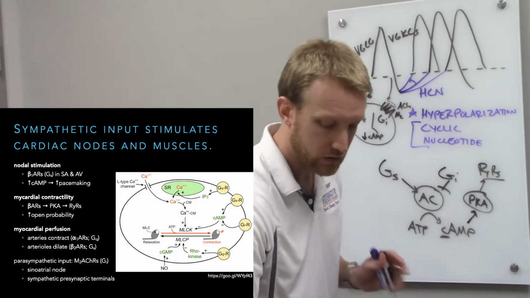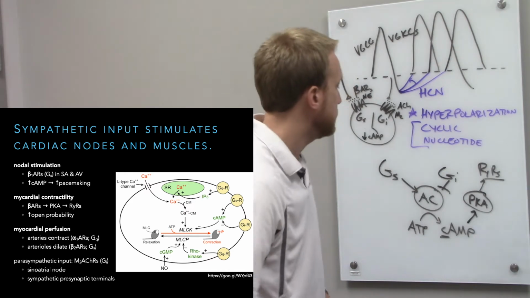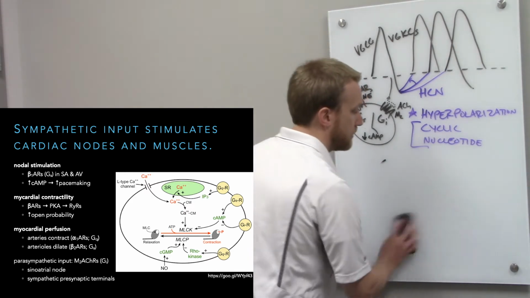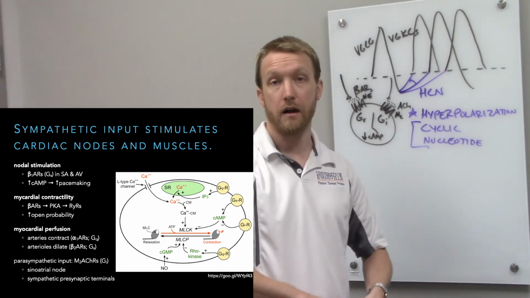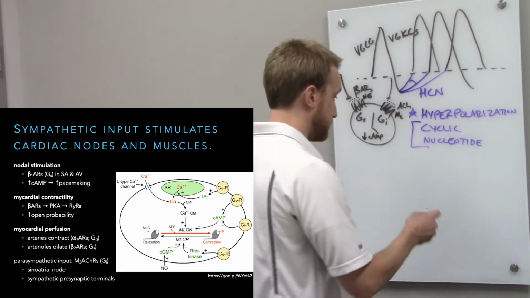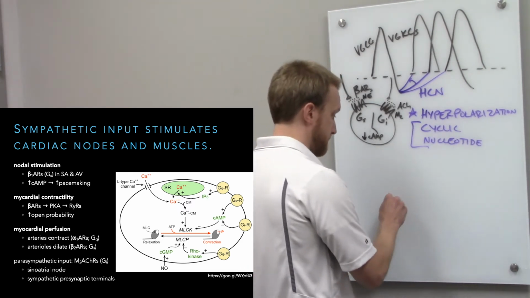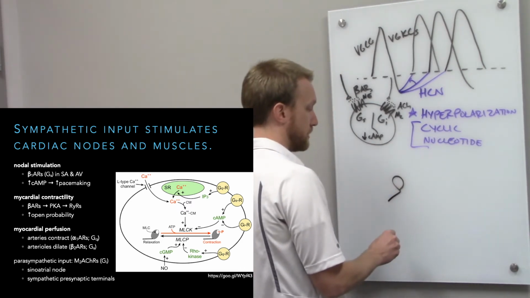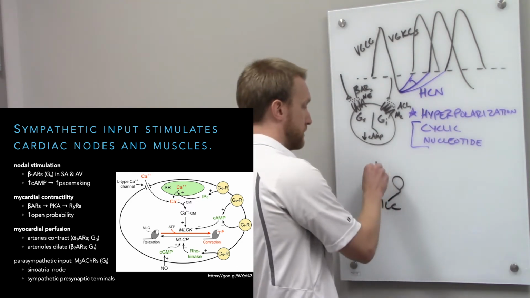Now the smooth muscle is a little different. Now you can see here in this cartoon what's going on, but I'll give you a little summary here. The contraction of smooth muscle depends on the phosphorylation state of myosin light chain. So if myosin light chain is not phosphorylated, here's myosin light chain, it's relaxed.